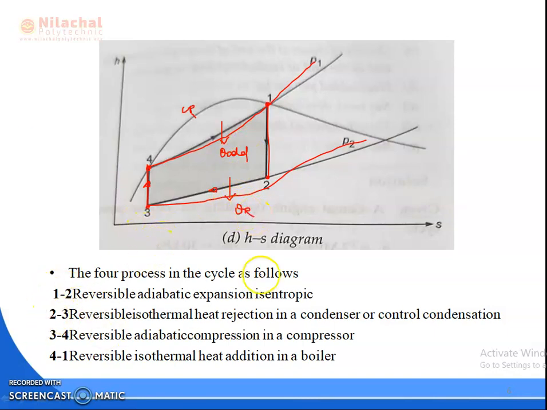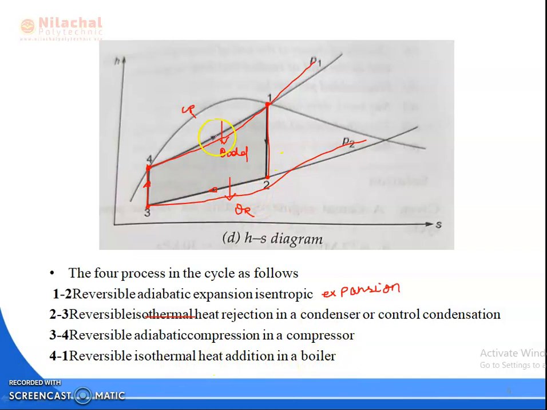Then the process 1 to 2 is reversible adiabatic expansion, or isentropic expansion. Then reversible isobaric, isothermal heat rejection in the condenser, reversible adiabatic compression in the compressor, and reversible isothermal heat addition in the boiler.